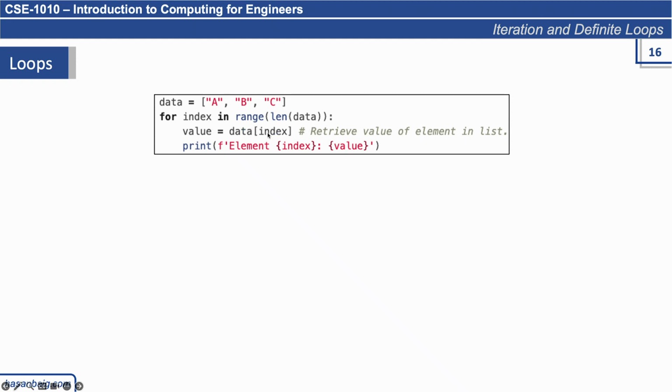Okay, so the first time, the index value is 0. The element which is placed at the 0th index will be extracted from the data list and assigned to a variable named value. And what we are doing next is we are not only printing the index, but its corresponding value as well.